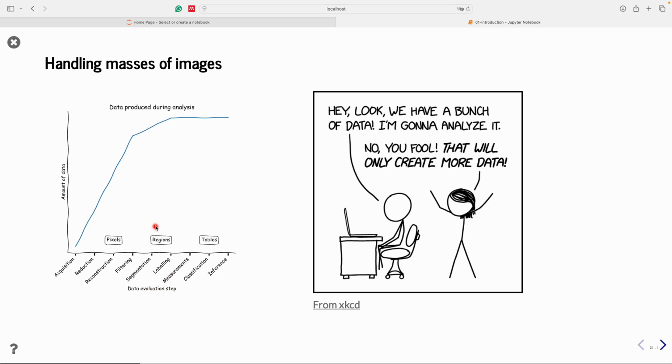So ideally, you should go from that point to that point as fast as you can, because it's much easier to work with. That one requires large workstations or even clusters, while this one can be done on any laptop. So the idea is you should go as fast as possible to the small data amounts. You may have to go back again, but then you have the large data again.